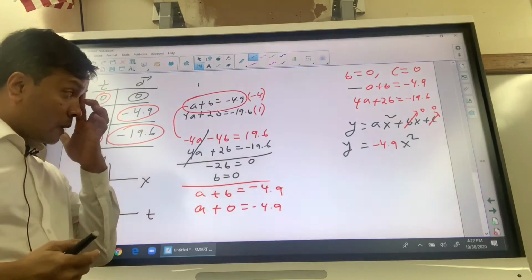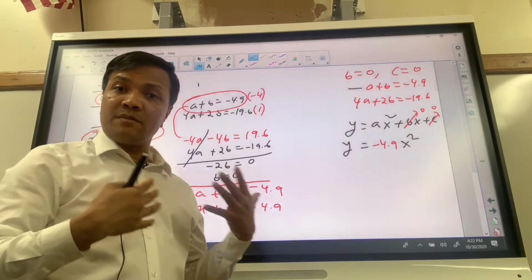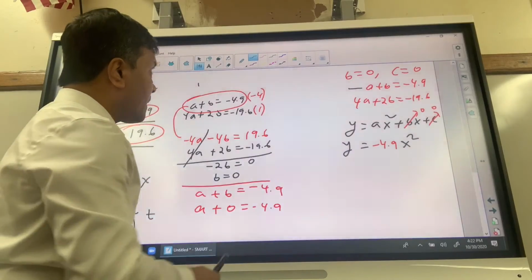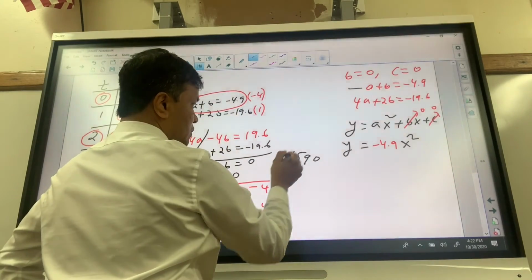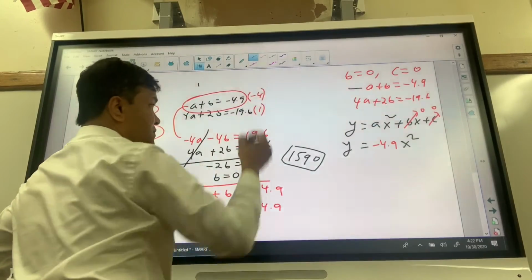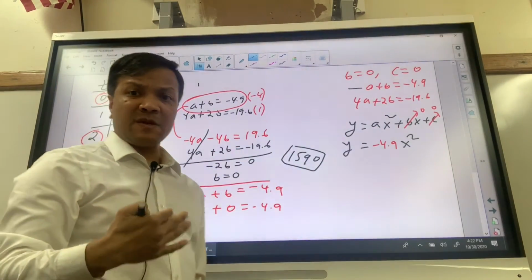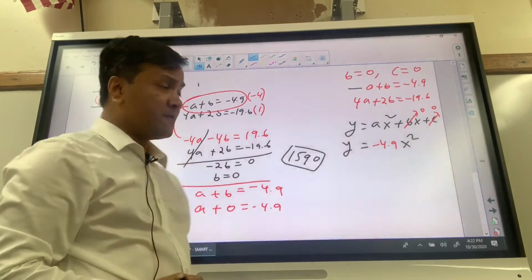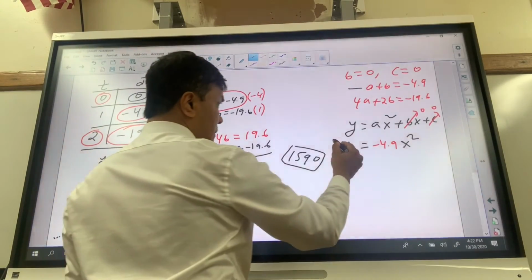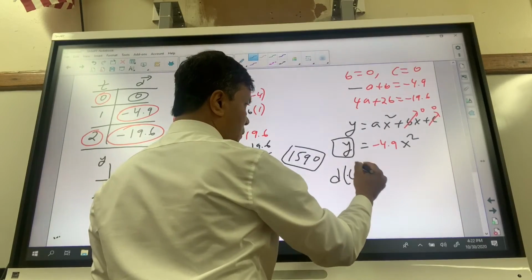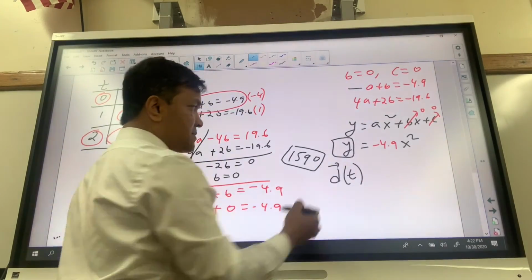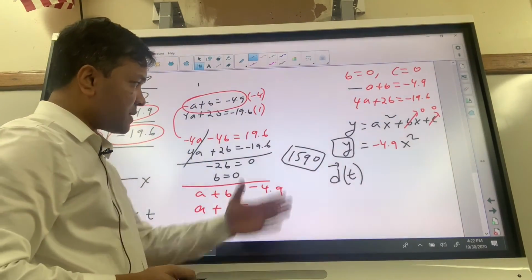Now let's invade the mind of Galileo. Let's say the year is 1590. Okay, so let's write the displacement equation for a falling body. So I'm going to write down y as displacement with respect to the time.